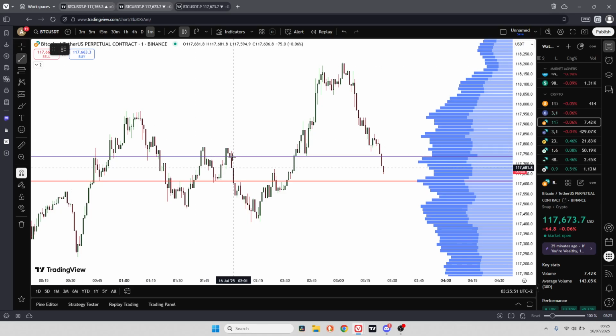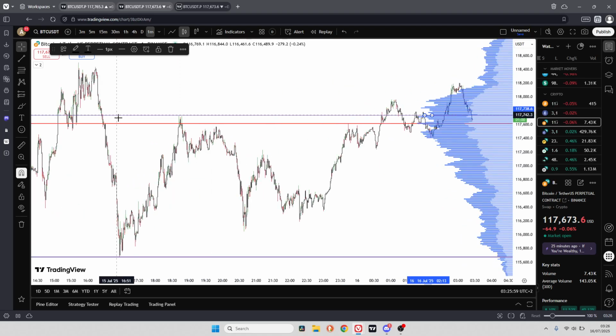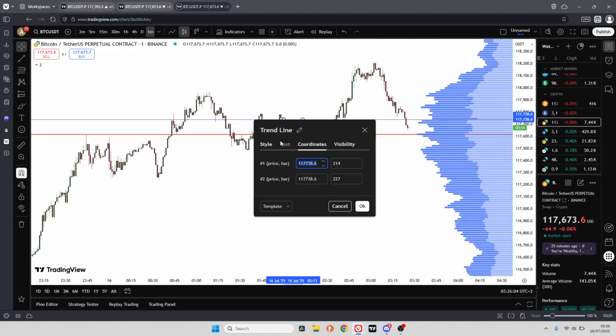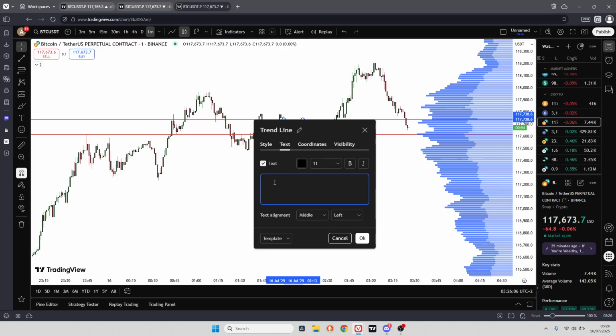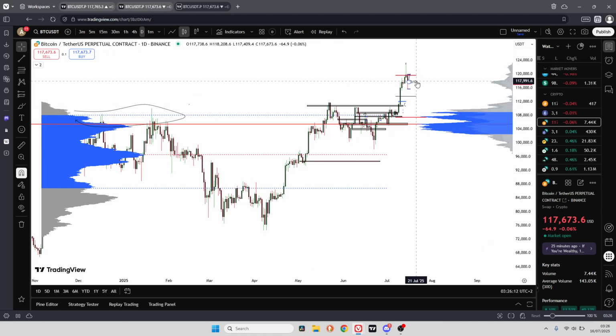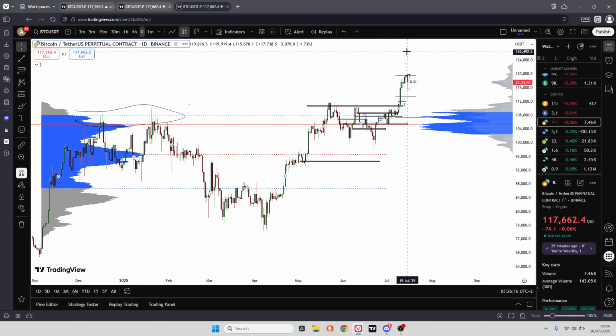So I'm going to put a line right here on that daily open again. Do you already see the logic? From that previous day is exactly where we opened. Welcome to the matrix, guys. So, daily open. We're gonna select this. 119,816.